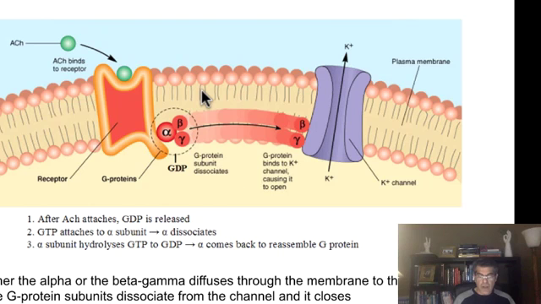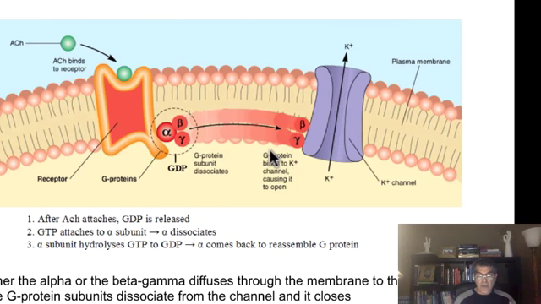If this was not heart, if this was stomach, then acetylcholine would sit here and release alpha, and alpha would go to the potassium channel and close the potassium channel. Potassium channel was open already, and alpha goes and closes it. By closing potassium channel in the stomach, potassium is going to stay inside the cell, make inside the cell more positive, as a result, stimulates the stomach.